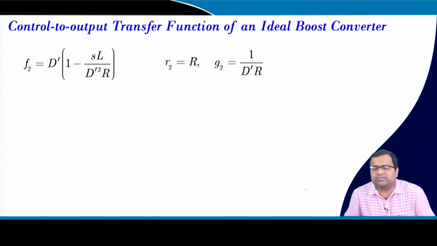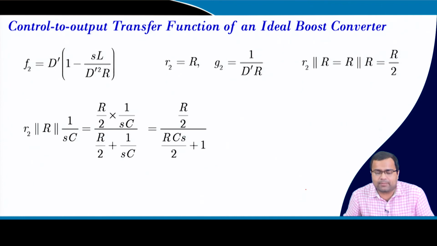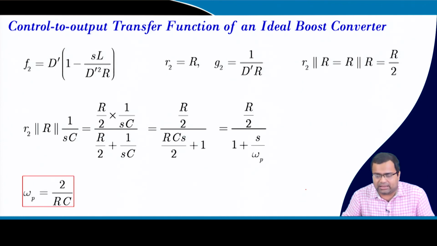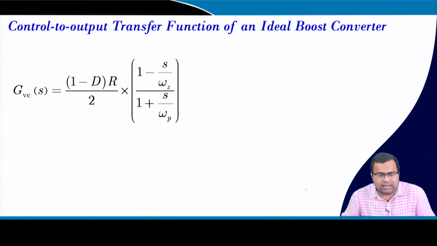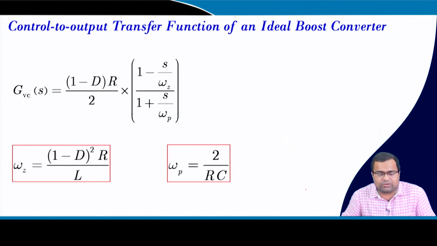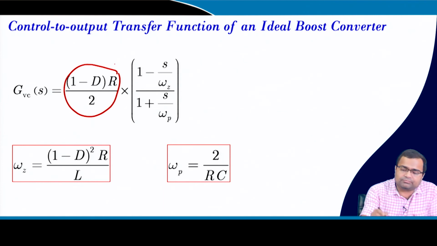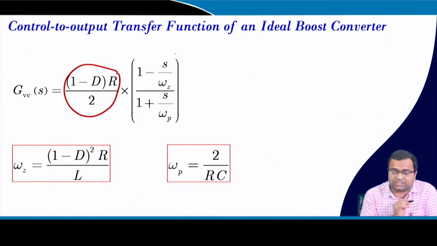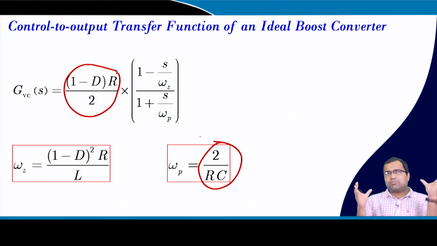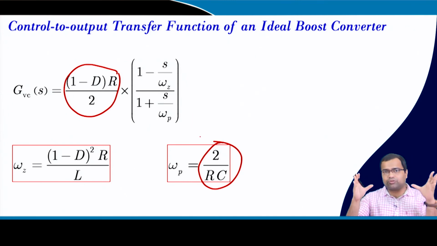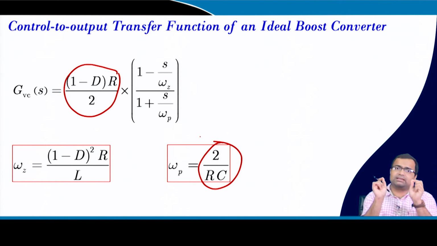So, the control to output transfer function of the ideal boost converter, if you take the canonical model and derive, you will get a constant term and one pole, one zero. The pole is 2 by RC, that means the boost converter originally in duty ratio control has 2 poles, which now becomes a single pole, because the inductor is replaced by, as if, a virtual current source.